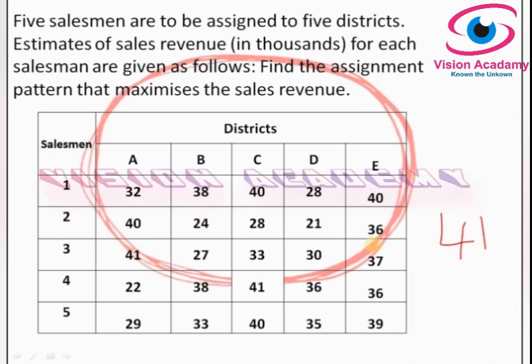Okay, so it means from 41 you should subtract all other values, then you will get the opportunity loss matrix. Once you found the opportunity loss matrix, you can make it a minimization problem. Then after getting the opportunity loss matrix, you can apply the same procedure as you applied in the minimization problem.